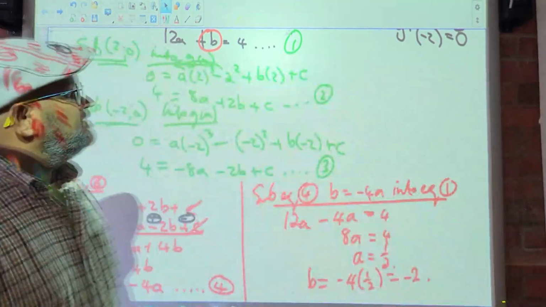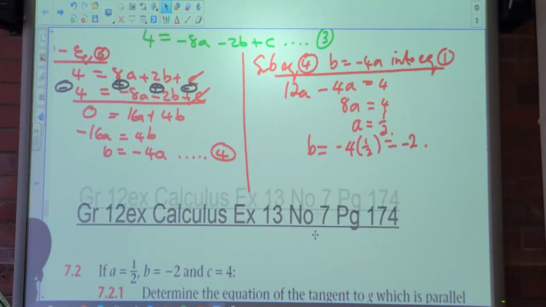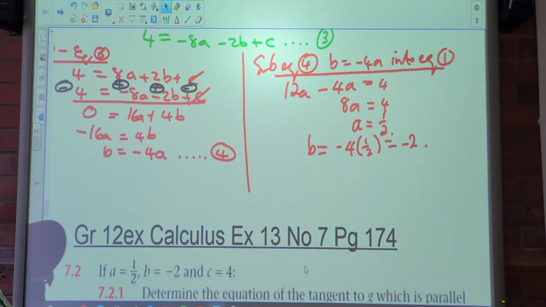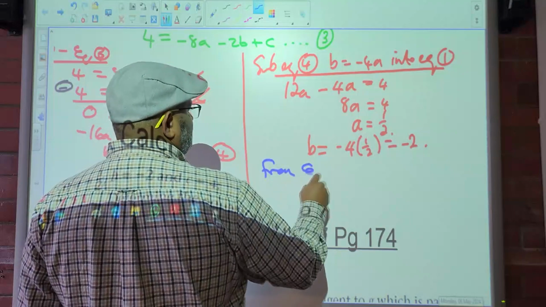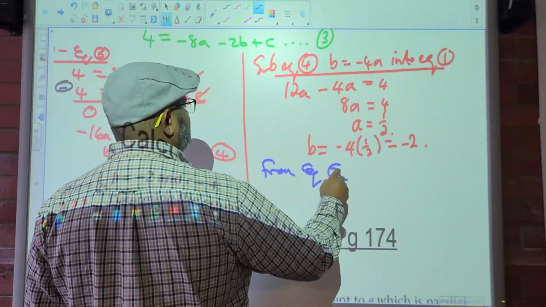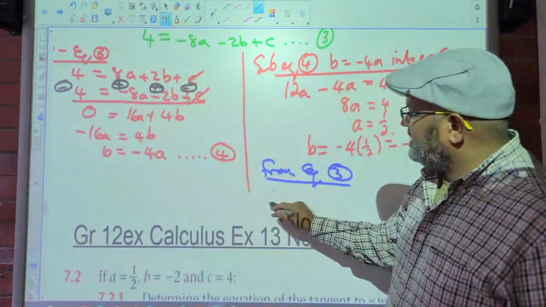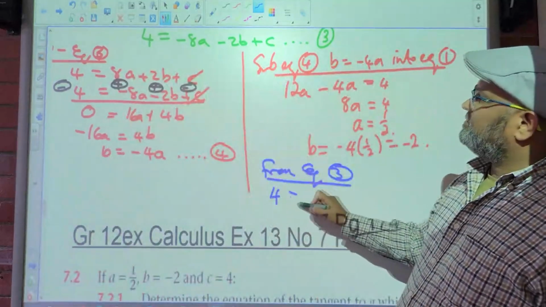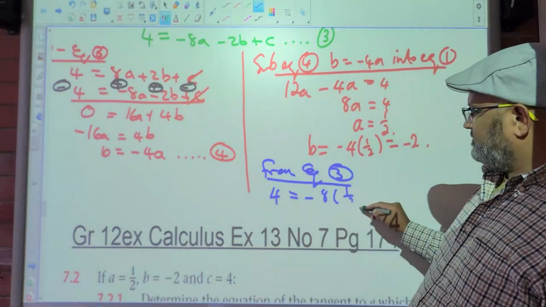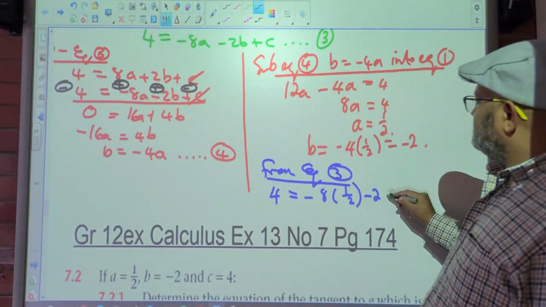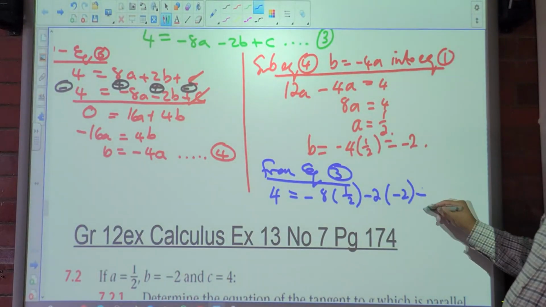Now, we got our a value, we got our b value, so now I can just calculate c. And this is from equation 3. I'm going to say now 4 equals negative 2, a is a half, minus 2 and b is negative 2, plus c.